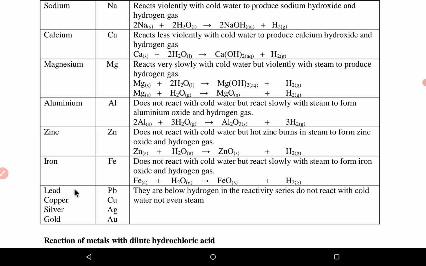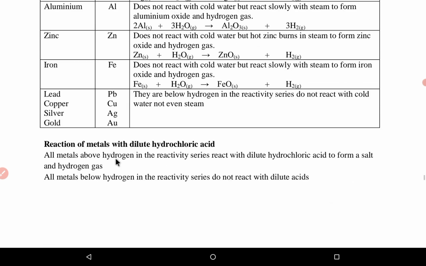Going down to lead, these do not react with cold water, they do not even react with steam, but we have two of them at least that will react with an acid, and we're going to look at that. So, reactivity of metals with an acid now.